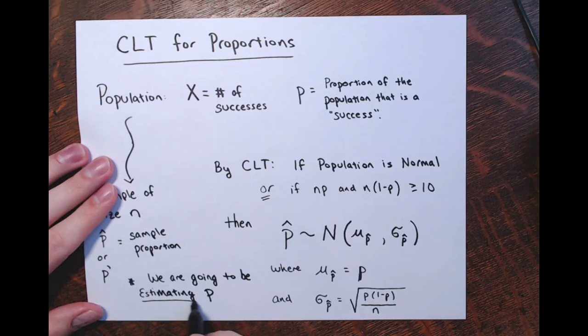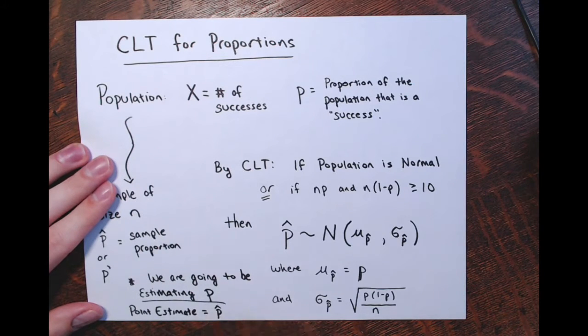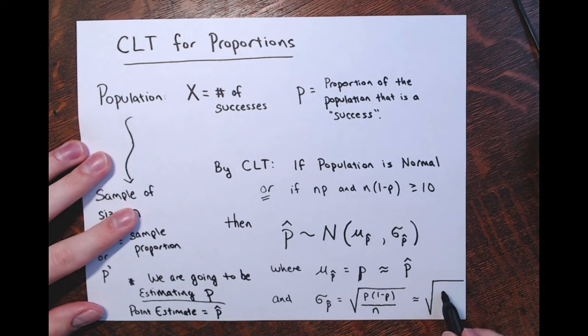And the very first guess, our point estimate, is going to be our sample proportion, our p hat or our p prime. And that will replace p. So again, we'll approximate this with p hat, using a point estimate for p. And we'll approximate this standard deviation with the square root of p hat times q hat, which is 1 minus p hat, divided by n.